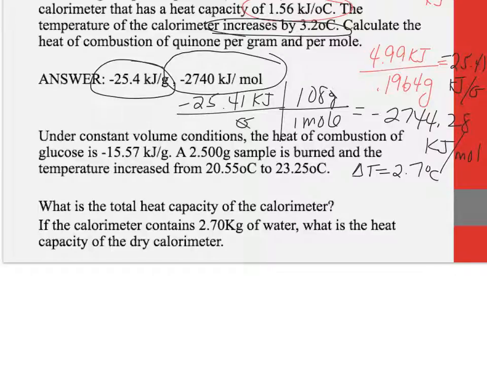We need to figure out our heat of combustion. Using the heat of combustion, 15.57 kilojoules per gram, and we know that we have a 2.5 gram sample, this will give us the total number of kilojoules, 38.93 kilojoules.